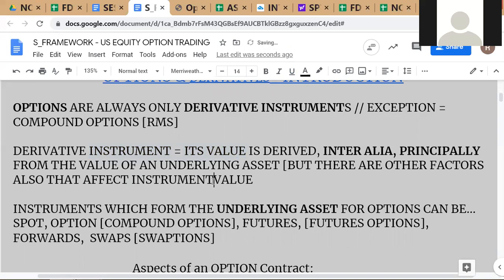I'm going to create a new word here, instrument value. Okay, instrument value means the value of the instrument. Okay. But there are other factors also. So I'm making it very, very clear. Okay. There are other factors also that affect the instrument value.